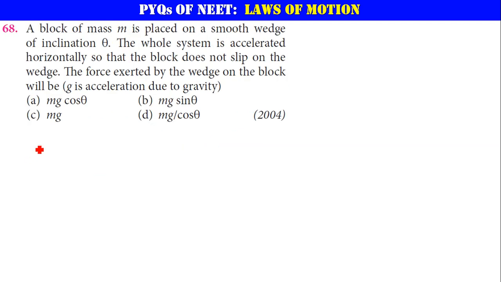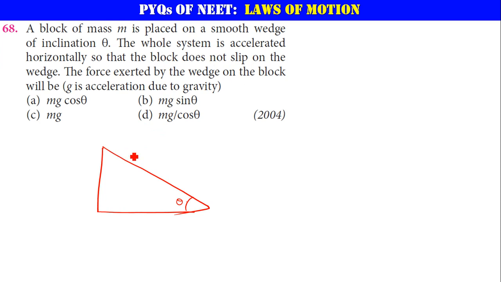Okay. A block of mass m is placed on a smooth wedge of inclination theta. Okay, this is the case now. Smooth plane, so there is no friction. The whole system is accelerated horizontally so that the block does not slip.